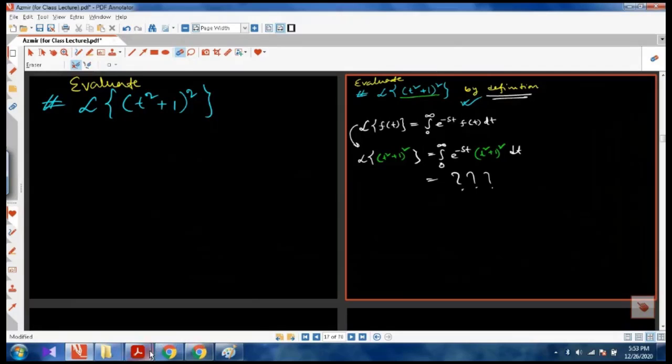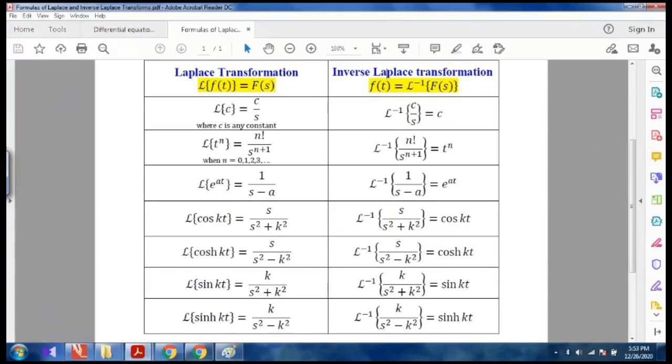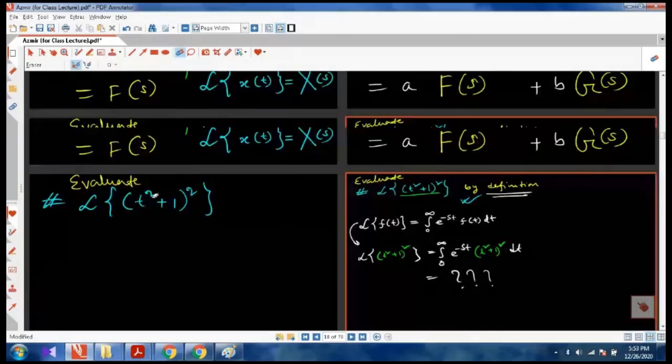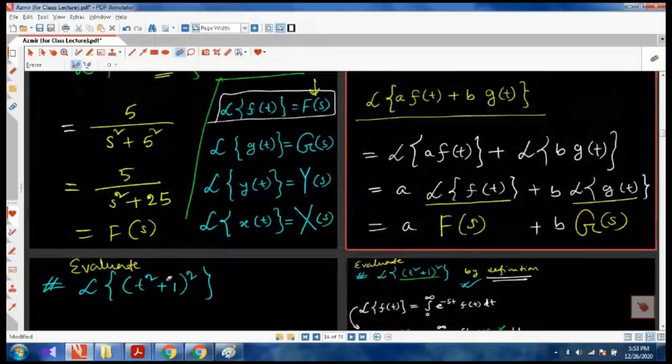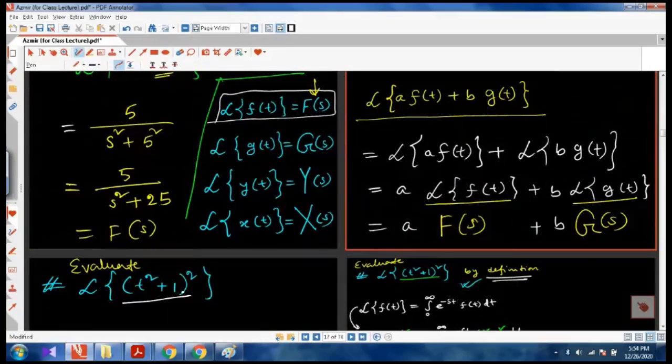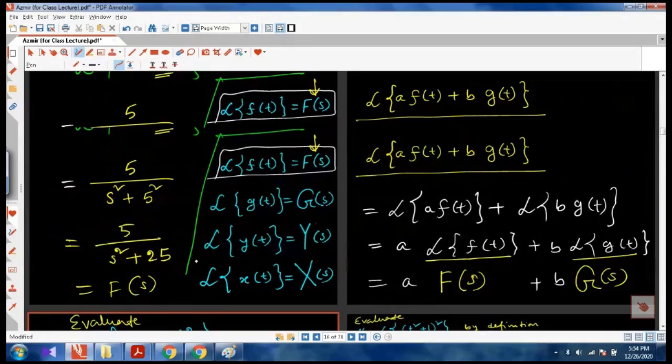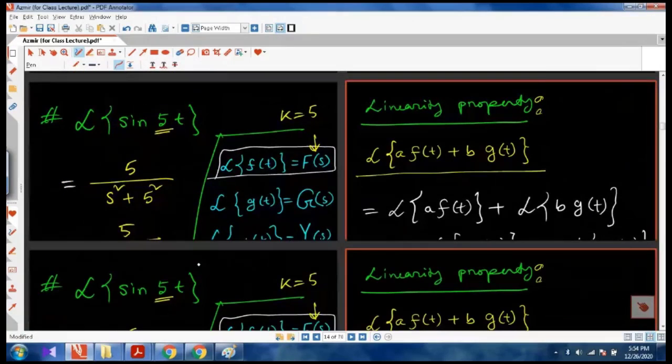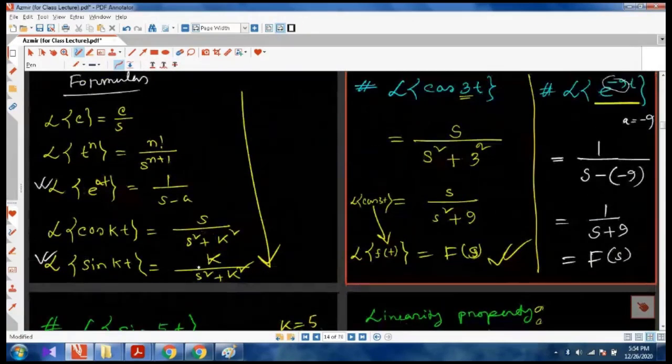The formulas I have mentioned here, try to have a look again. Try to have a look at the function. We have t squared plus 1 whole squared. So is there any direct formula here? Have a look at the formulas. We have the Laplace transformation of c, of t power n, of e power at, cosine kt, and sine kt.